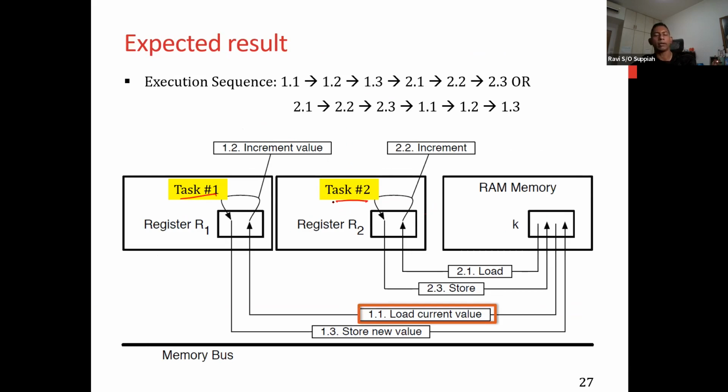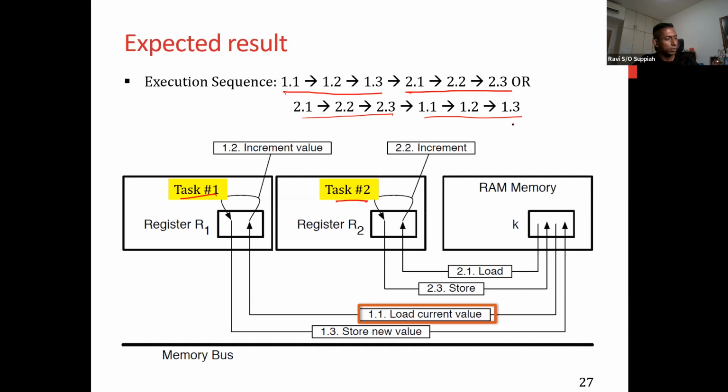Assuming a very nice, perfect scenario where task 1 runs first, followed by task 2, or task 2 runs first, followed by task 1. Each task has 3 steps: load from memory, do the add operation, and store back to memory.